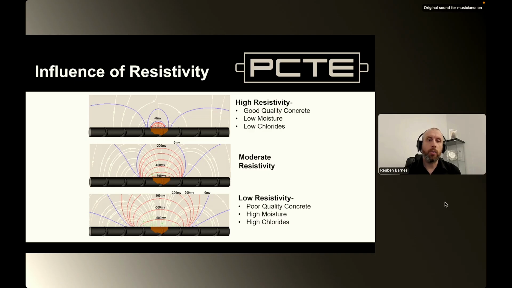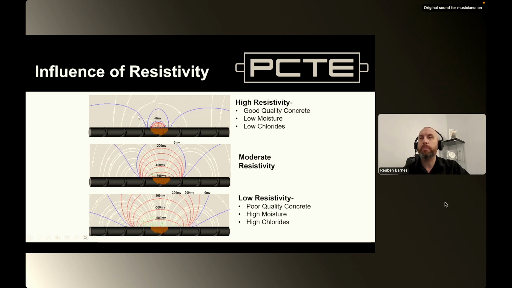We could have a moderate resistivity in the middle here, where we do have some extension of the field into the concrete, and then we could have low resistivity where we have quite a large electrical field being created. Now, the instances here could be, if we have high resistivity, it's good quality concrete, it's got low moisture, low chlorides, all of those, we're just talking about the concrete itself.